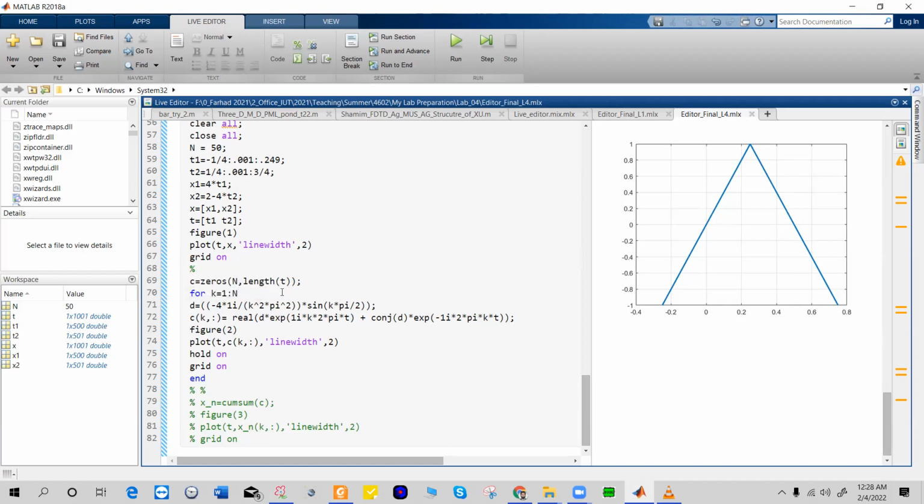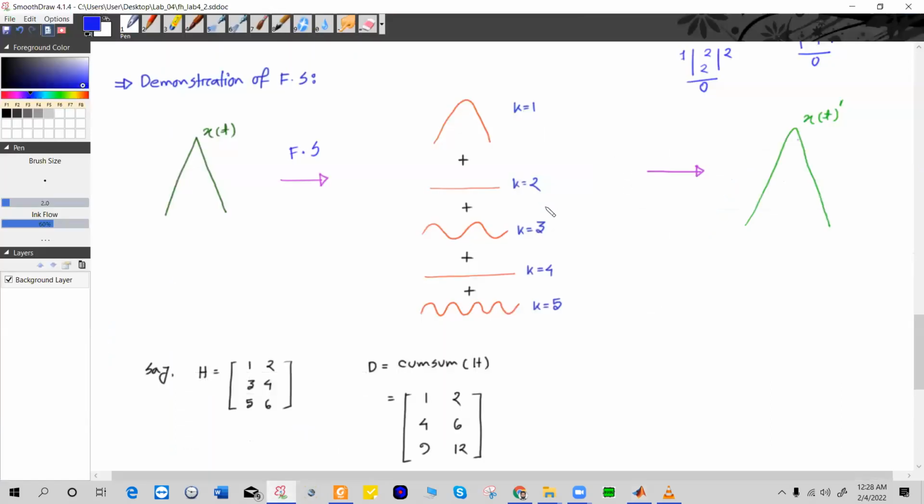That's why here it will be n comma 1001. Okay, so what is n? Let's consider that n is equal to 5 for the time being. That means I want to check 5 frequency components, 1, 2, 3, 4, 5. So we'll check 5 frequency components.